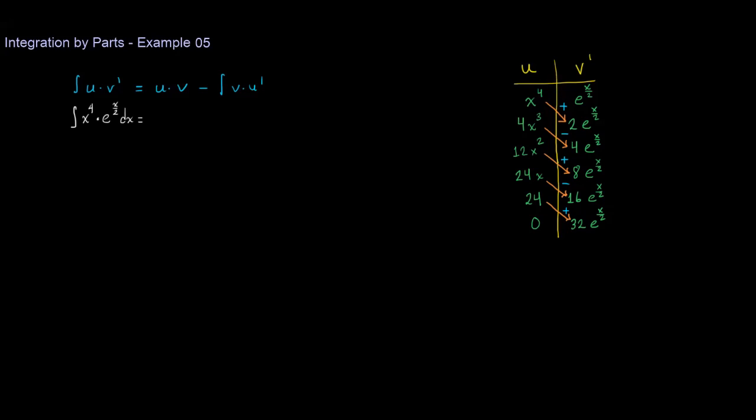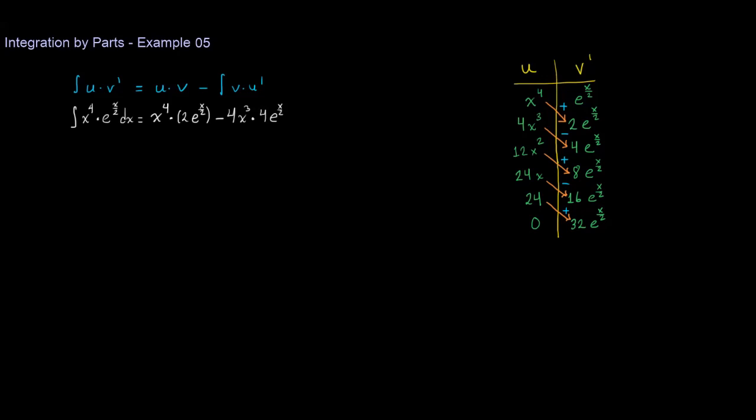Let's write it down and see how this works out. I'm going to first write it and then simplify it. The first multiplication is x to the 4 times 2 times e to the x over 2. It's positive, so we don't have to worry about the sign. Now the next one is going to be negative, so we start with minus. It's the first term, 4 times x to the third, times the second term, which is 4 times e to the x over 2.